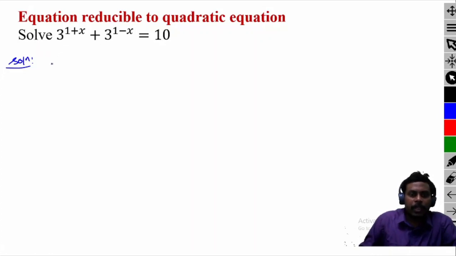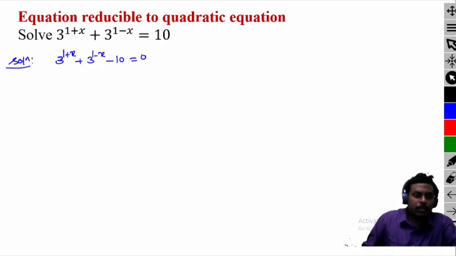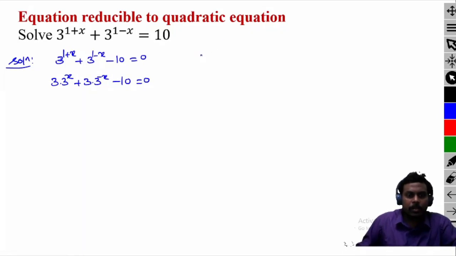Now, the given equation, I will rewrite: 3 to the power 1 minus x minus 10 is equal to 0. Now this can be written as 3 into 3 power x plus 3 into 3 to the power minus x minus 10 is equal to 0.